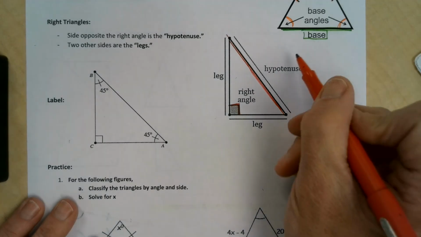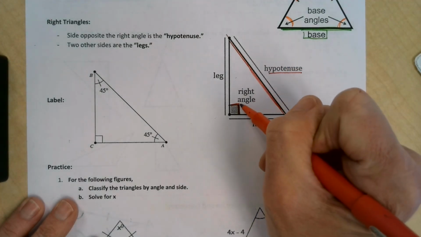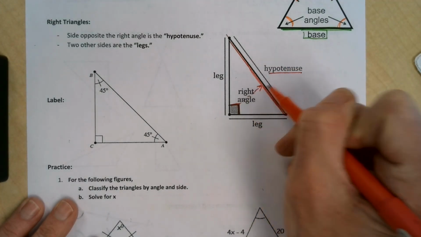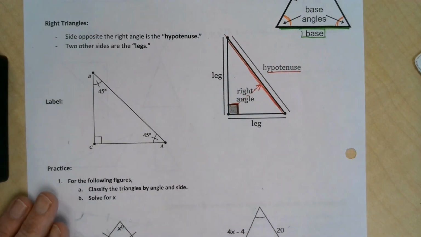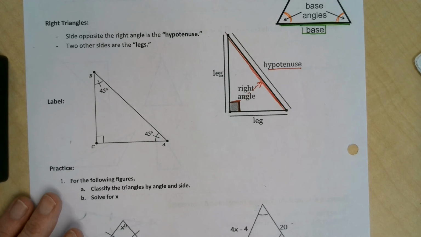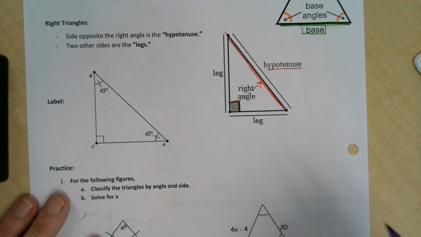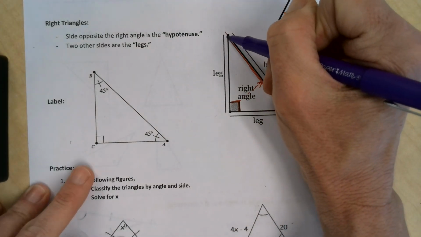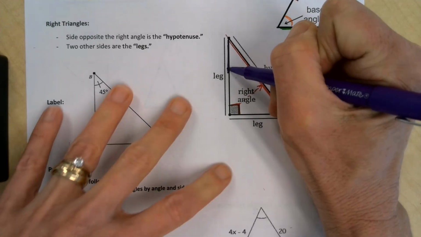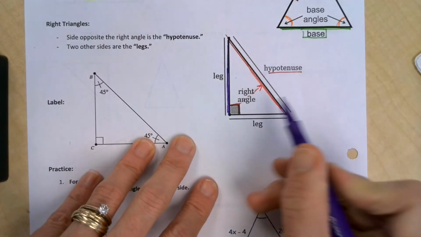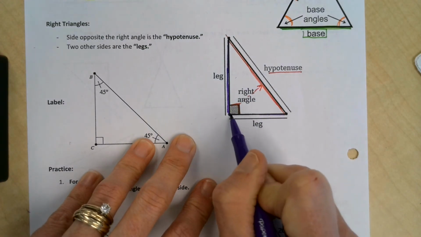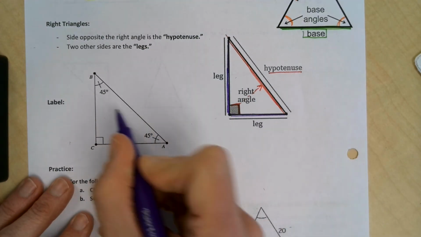Your hypotenuse is opposite your right angle. And when we talk about opposite, we talk about across the triangle. The other two legs of a right triangle, we can have a long leg and a short leg, or if it's isosceles, both of those legs can be congruent.